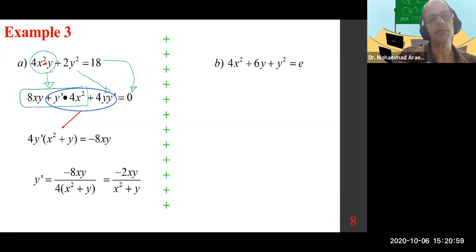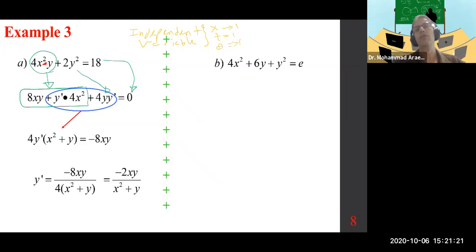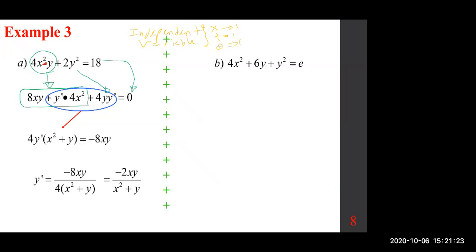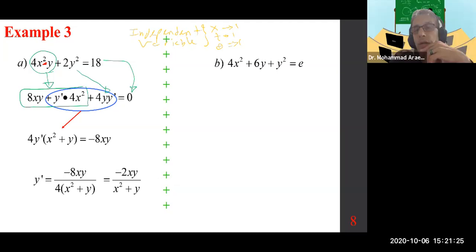Independent variable. If you're taking the derivative of x, the answer is 1. If you're taking the derivative of t, the answer is 1. If you're taking the derivative of theta, the answer is 1, assuming those are the independent variable. If y is an independent variable, works out the same.